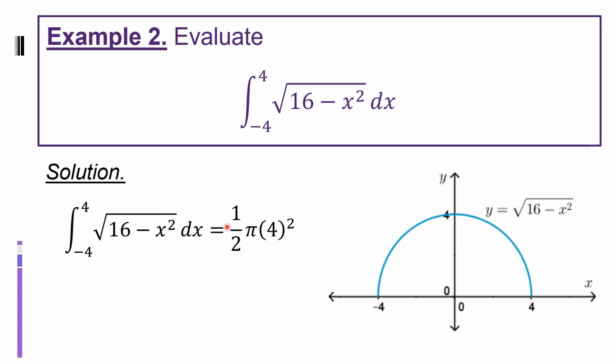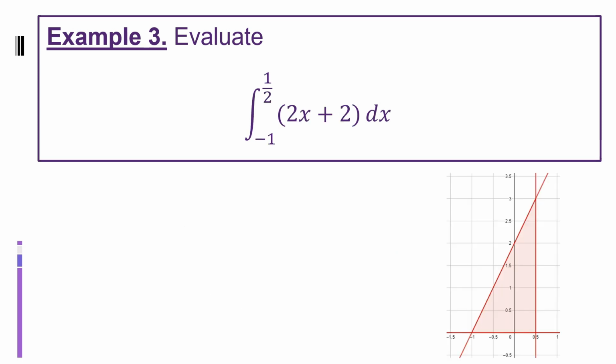So we have 1 half times pi times the radius is 4 squared. So that is just equal to 1 half pi times 16 or 8 pi. So ang ginawa lang natin dito, in-evaluate natin yung integral using the known formula for area.